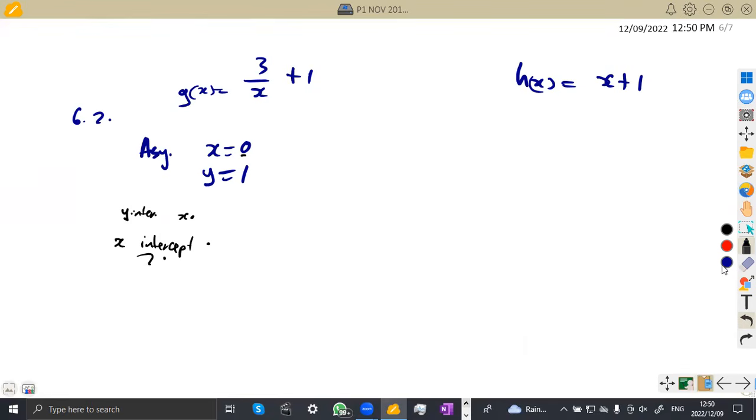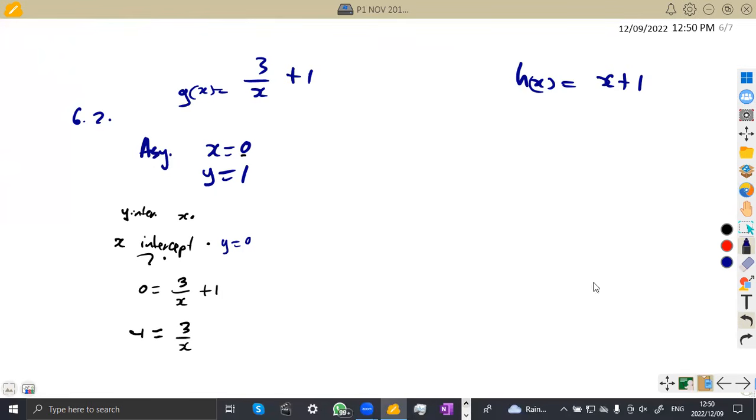So here we are going to calculate the x-intercept where y is equal to 0. When y is equal to 0, you can substitute: 0 is equal to 3 over x plus 1. So you can transpose 1 to the other side, that would be negative 1 is equal to 3 over x.